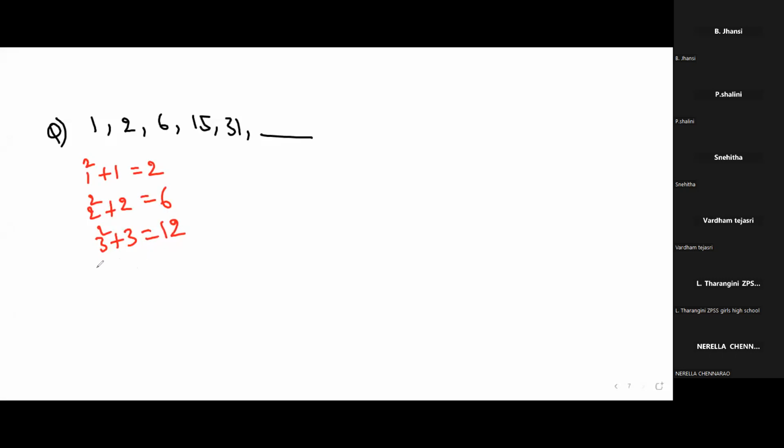Check. 4 square plus 4 is 20. In what way is it tallied here? Square plus before number. Here some of you are saying 31 into 2. Remember that 31 into 2 means it should be applicable for all the numbers, not for only the last number.